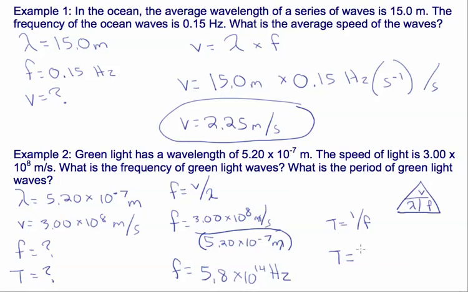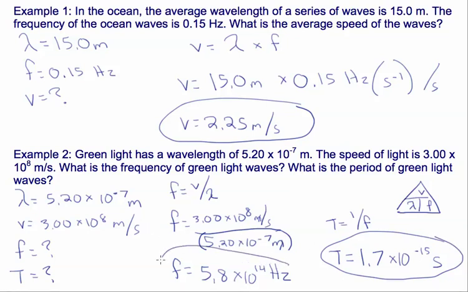And so it takes 1.7 times 10 to the negative 15 seconds for one wave cycle to pass through. And that makes sense. It would take a very little amount of time because the wave is moving very fast, has a small wavelength, and lots of waves come per second. So if your frequency is very large, then your period is always going to be very small, and vice versa.